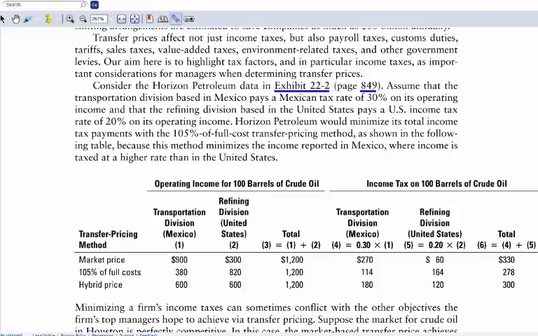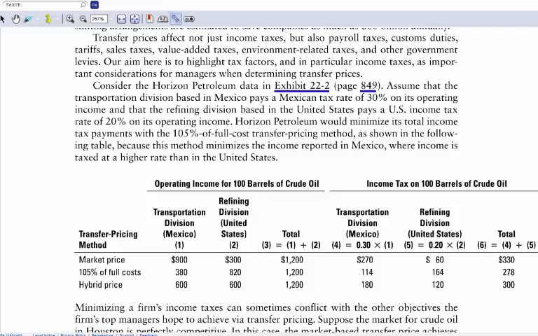Another consideration for multinational companies is that transfer prices are sometimes influenced by national restrictions on dividends or other income-related payments to parties outside their national borders.